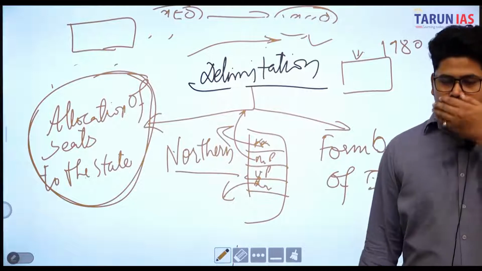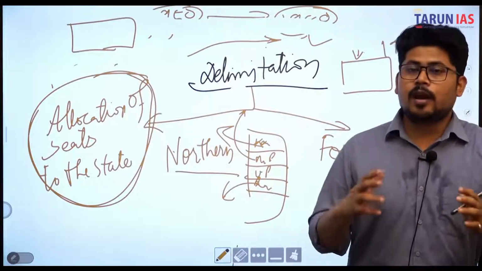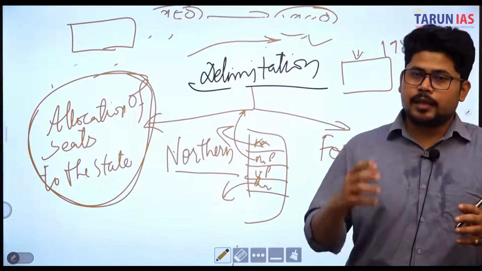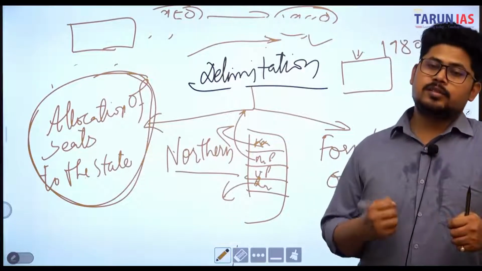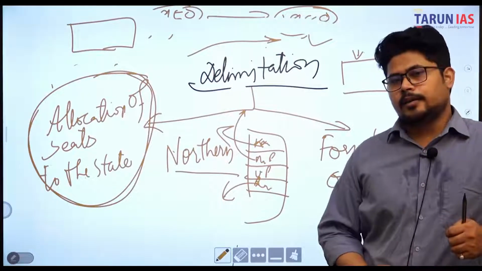That means a state with a larger population will have a larger number of representatives in the Lok Sabha, right? That means the political importance of that state will increase, of course.